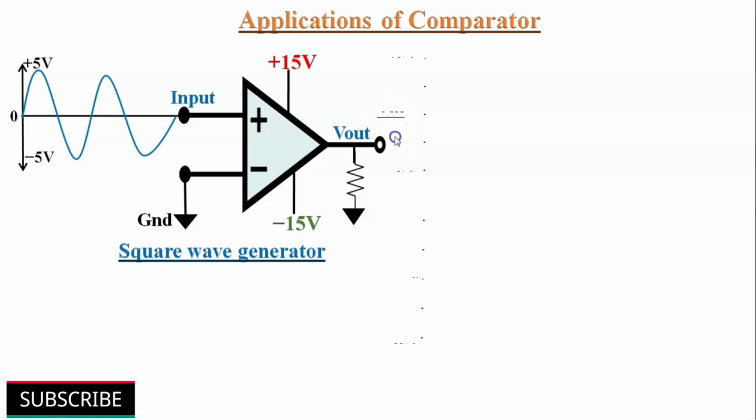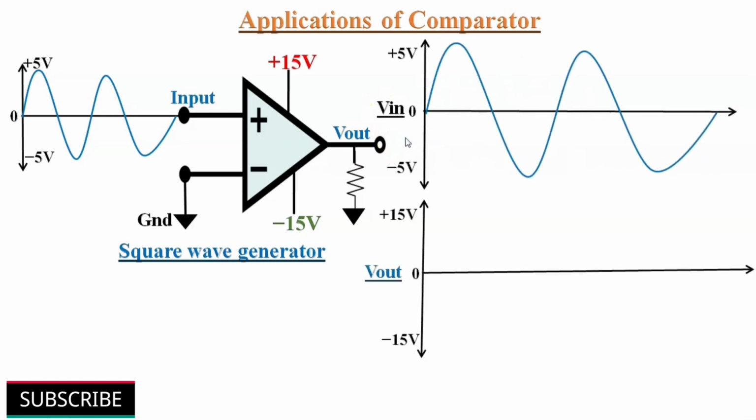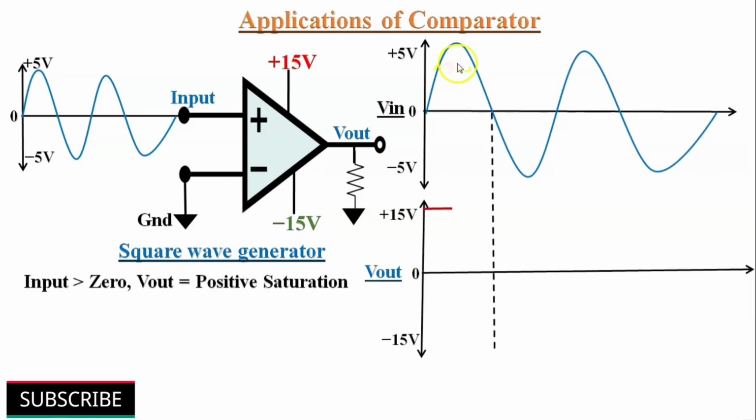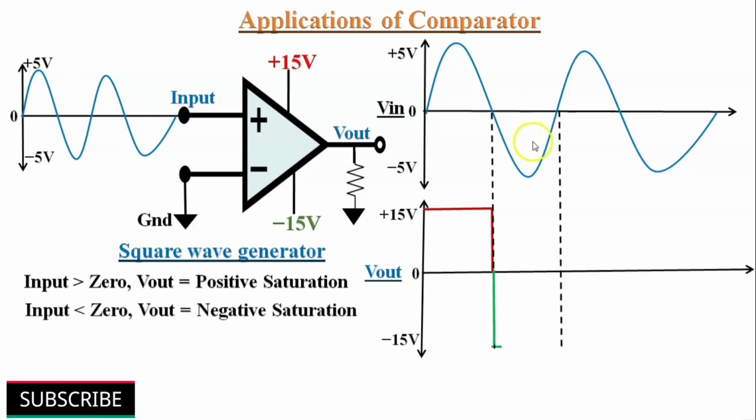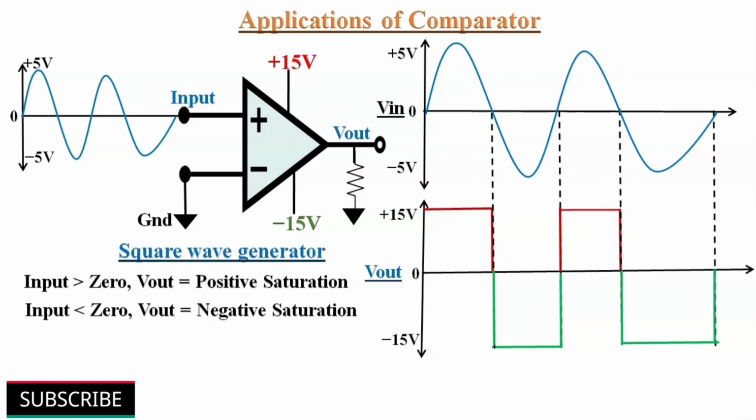In this case, during the positive half cycle of the input sine wave, the output will be at positive saturation level, and during the negative half cycle of the input sine wave, the output of op-amp jumps to negative saturation level. The output voltage changes rapidly from plus 15 volts to minus 15 volts and vice versa.